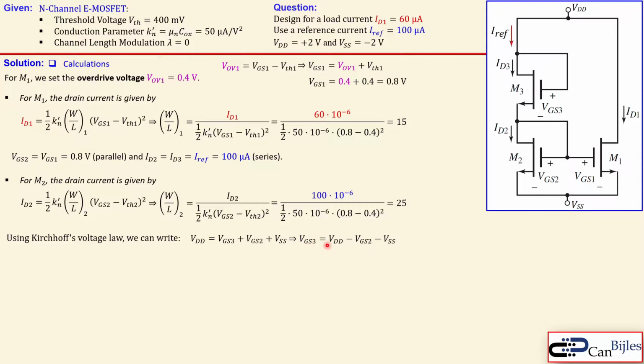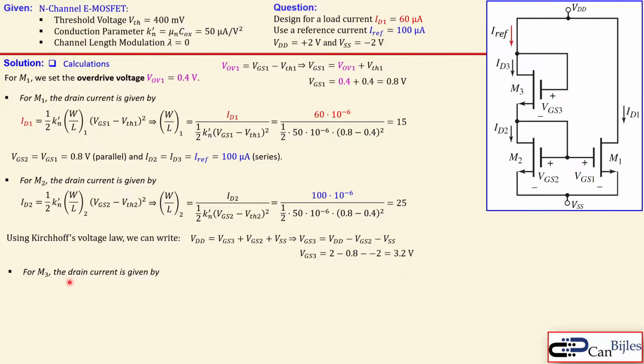So VGS3 is VDD minus VGS2 minus VSS, which is 2, because that was VDD, minus 0.8 for VGS2 minus 2 for VSS. Now we get 3.2 volts. So the voltage between this gate and the source is 3.2. You see definitely now that this is 0.8, this is 0.8, but this is 3.2, so that will change the whole business here about the current.